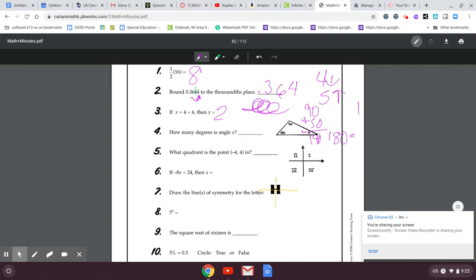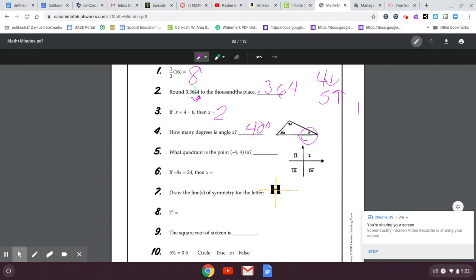We can do 180 minus 140, and we have 40 degrees. So I'm going to erase some of this again. Getting a little messy here. Angle X is 40 degrees.